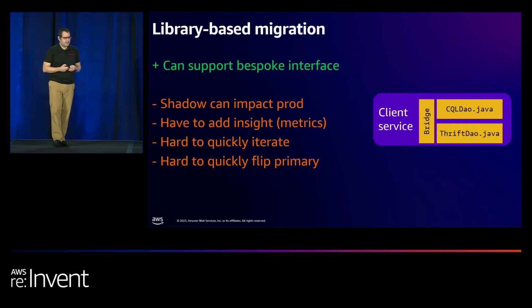It's hard to quickly iterate, and it's hard to promote the primary in a quick way. So for example, you have to build some kind of control plane into this library so that when you're ready to promote, the window of promotion is as narrow as possible. So for all of those reasons, we try to avoid this, but it is always there as a backdoor backup option if you can't use the gateway approach.